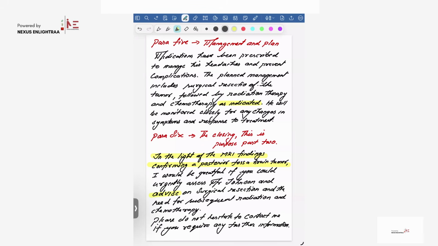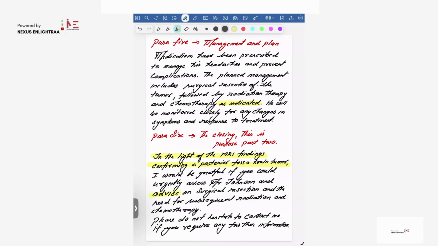You must tell the doctor specifically what you are asking them to do. In our case, we are asking Dr. Hagrid to urgently assess the patient and specifically advise on the surgical and oncological management in here.